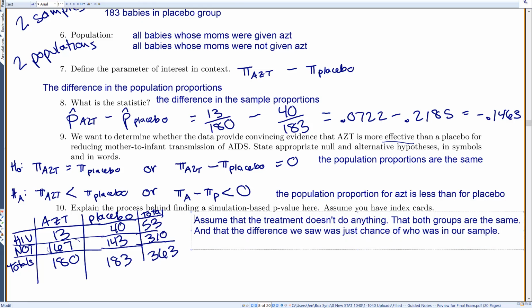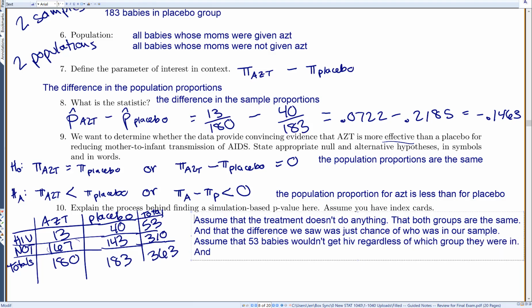So we're going to assume that 53 babies wouldn't get HIV regardless of which group they were in.